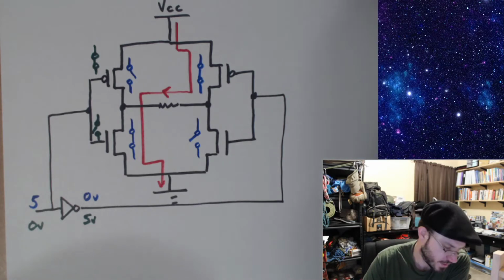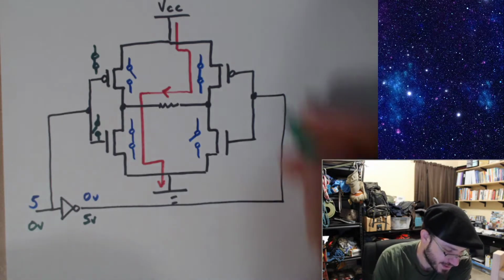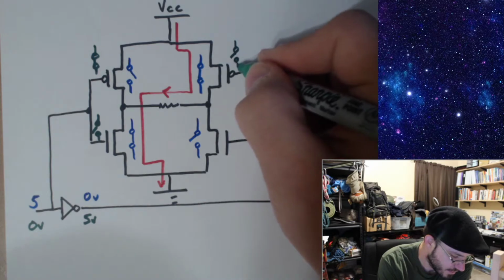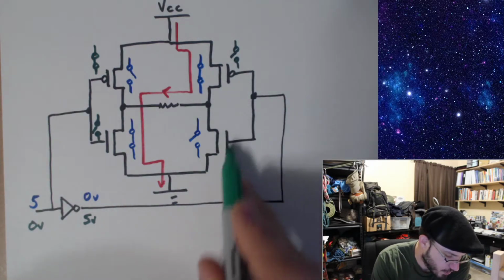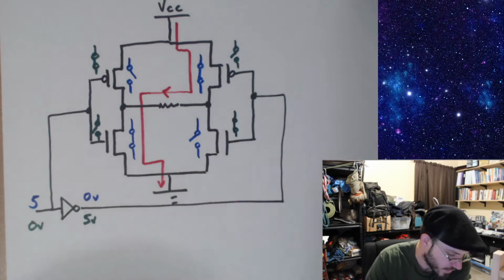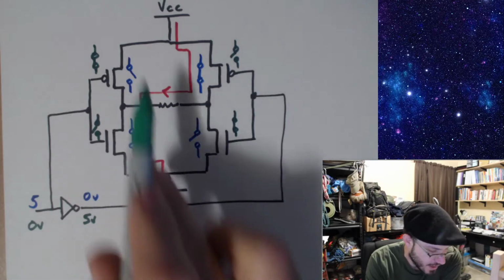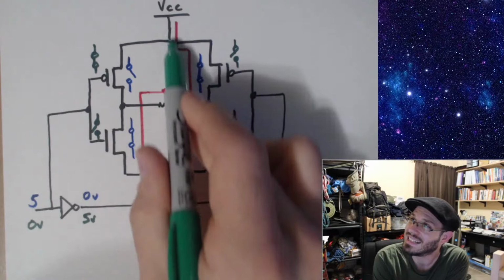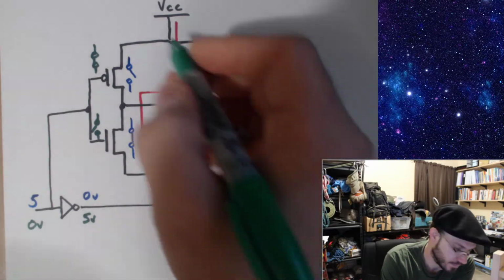Open or closed? Open. And 5 volts into an N channel, closed. Okay, now the current can get from our high voltage to our low voltage, but it's got to take the different path.